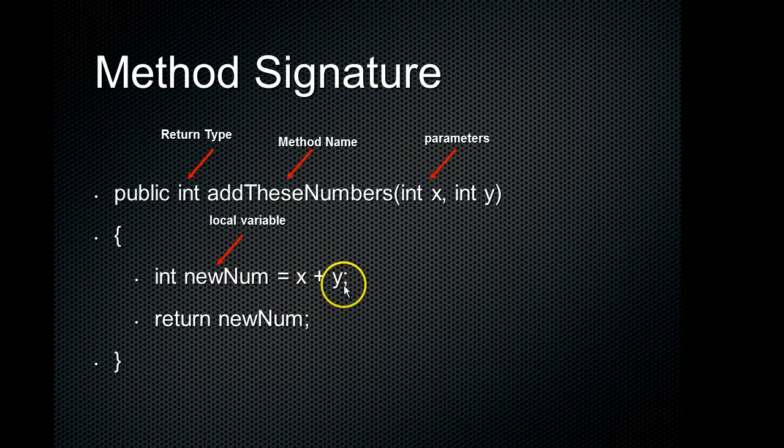It means do what's on the right, take the result of that operation, store it in the variable on the left. Okay? Do what's on the right, perform whatever operation this has, take the result of that operation, store it in the variable on the left. So we see this line is actually pretty involved. We're declaring a brand new variable, and then we're assigning to that variable the sum of x and y, which were passed in.